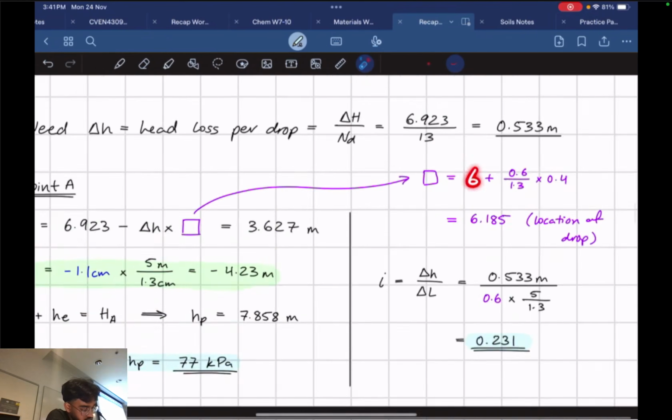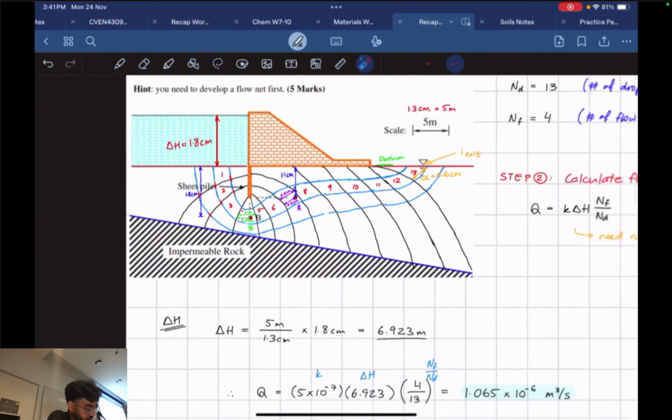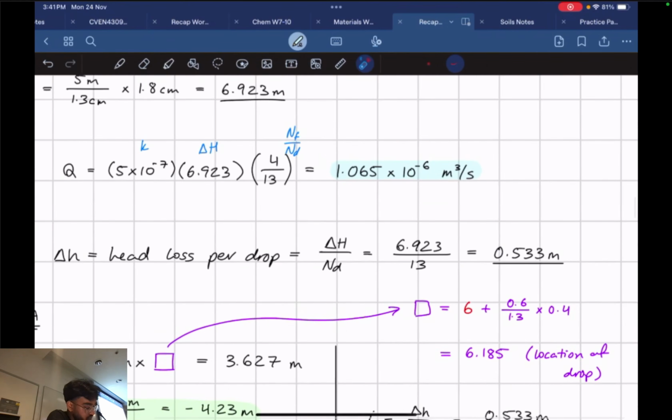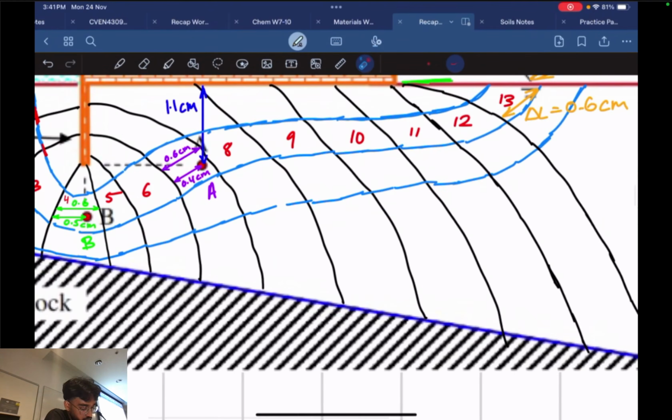So 6, because we're at our 6th drop, and then we just need to find that little distance there. The way I've done that is I've used my ruler. I'm going all over the place right now, but when I measured this distance out, it's 0.4 centimeters. This seems awfully small. I think my scaling on the iPad is a bit off, but it was 0.4 centimeters on my iPad. Then I have to scale it down from this 0.6.